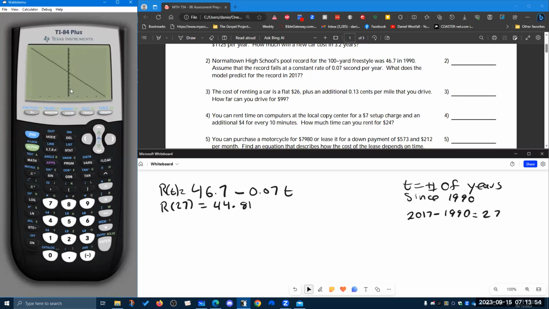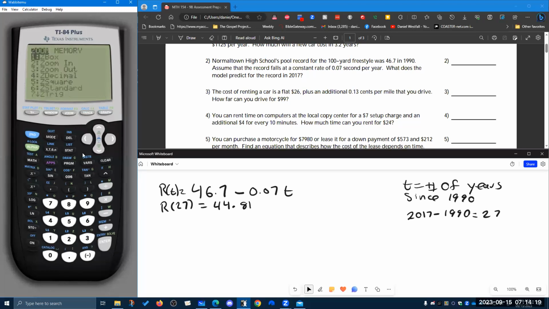So first thing is the model takes into account this idea of negative time, which doesn't really exist, but we could project backwards and we could say, okay, if this is what happened in 1990 when t equals 0, what was it back in 1980? And we could go 10 years into the past that way.